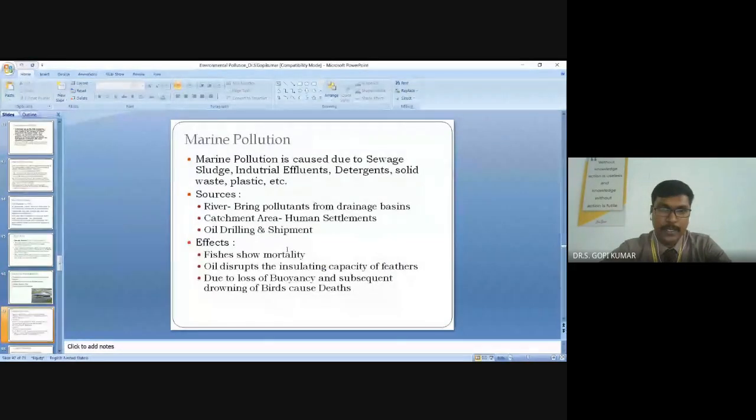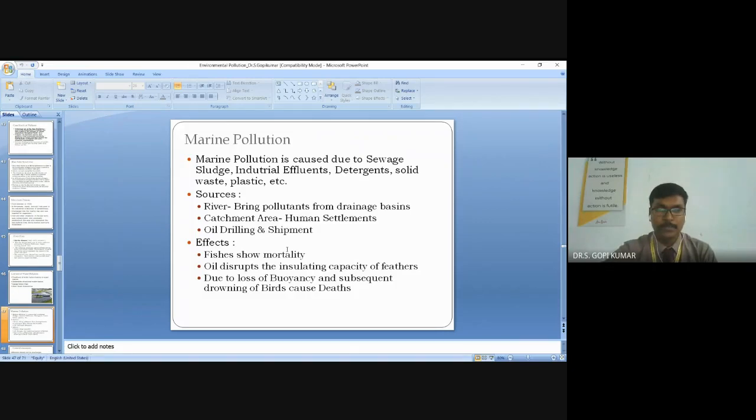And regarding marine pollution, we are near Kanyakumari and Thoothukudi. Marine pollution is one of the major problems, where the sea is getting polluted due to sewage sludge, industrial effluent, detergent, solid waste, and plastic dumping in and around seashores. Rivers also bring pollutants from the drainage basin, and the effects are fish mortality. So these are the causes.